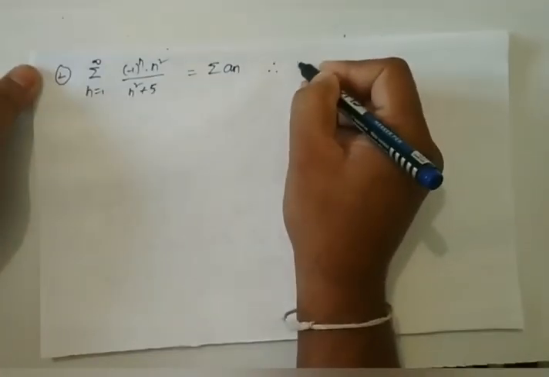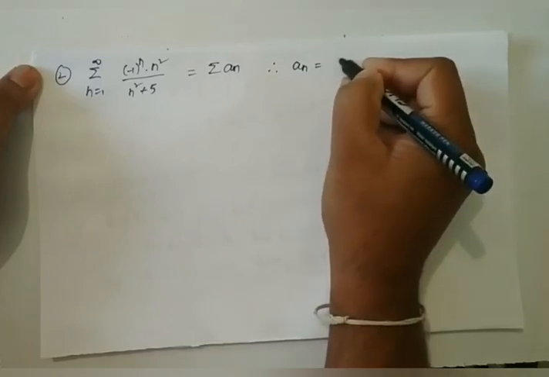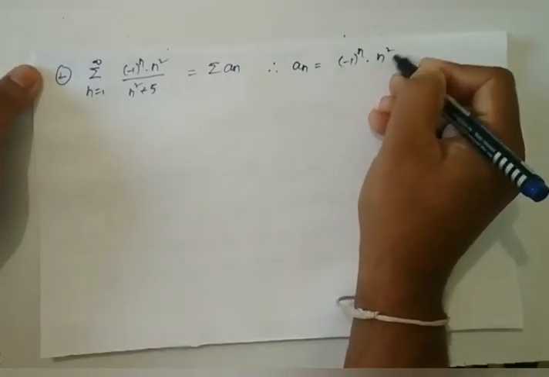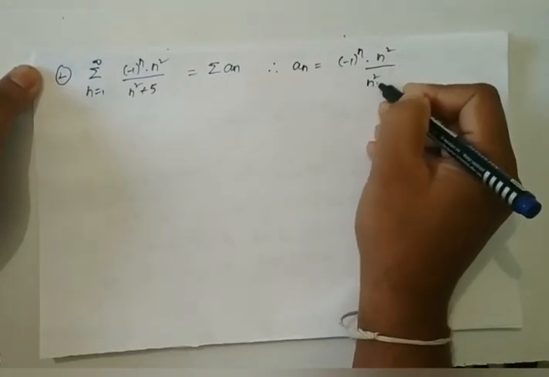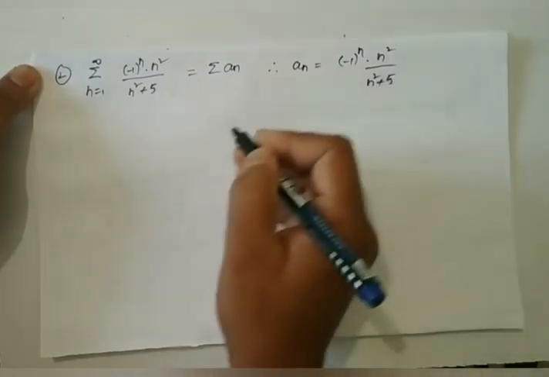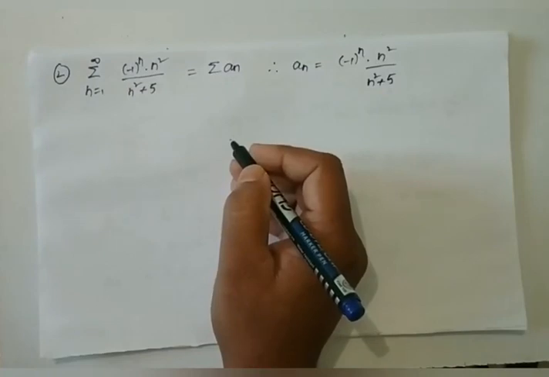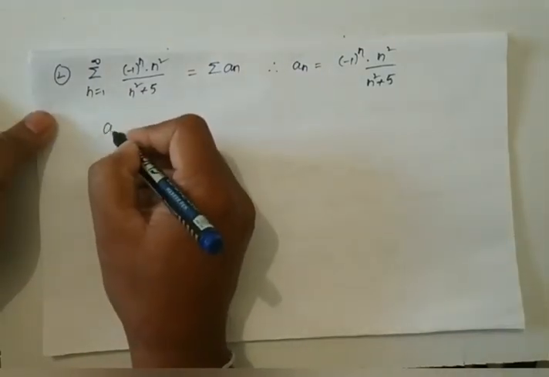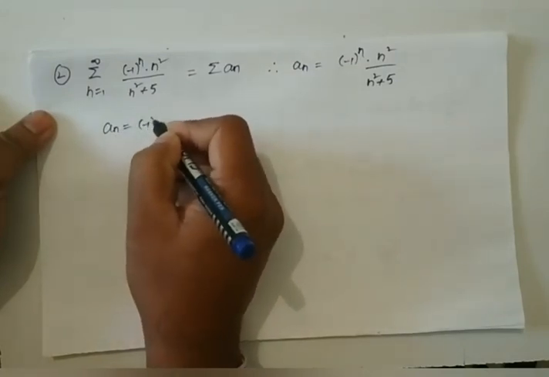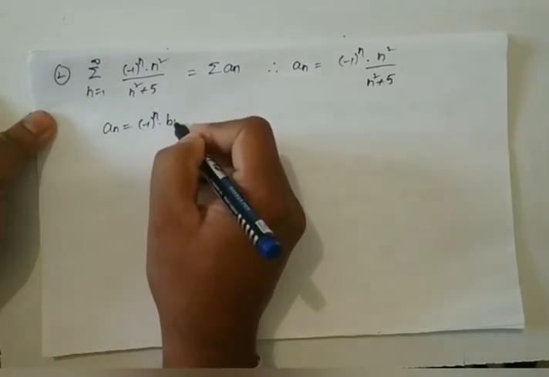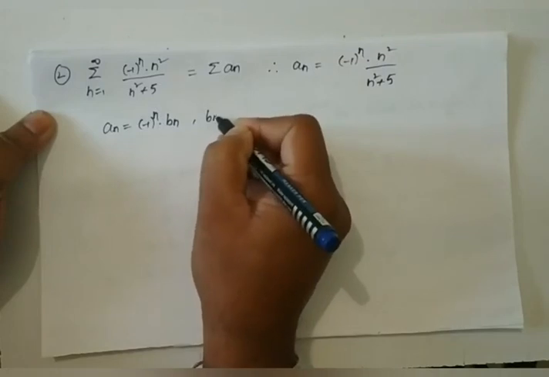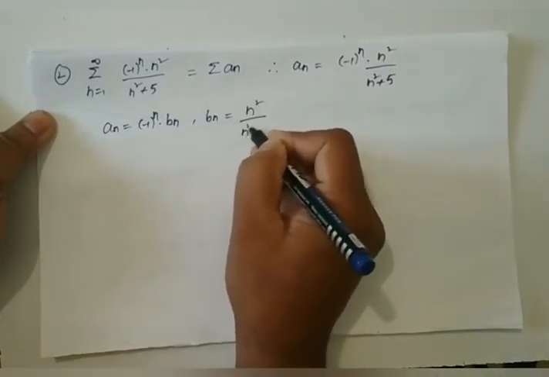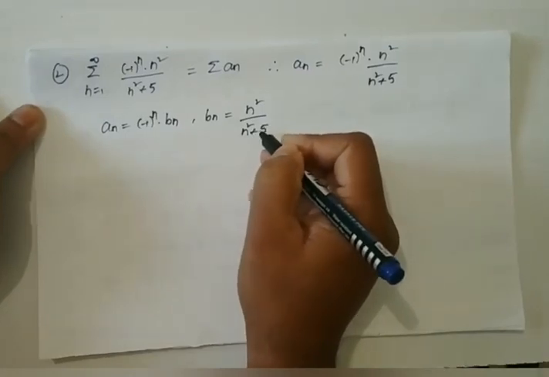Therefore, an will be equal to minus 1 whole power n, n square by n square plus 5. Also, an can be written as minus 1 whole power n into bn, where bn is equal to n square by n square plus 5.